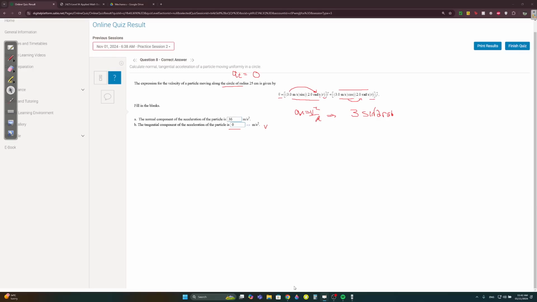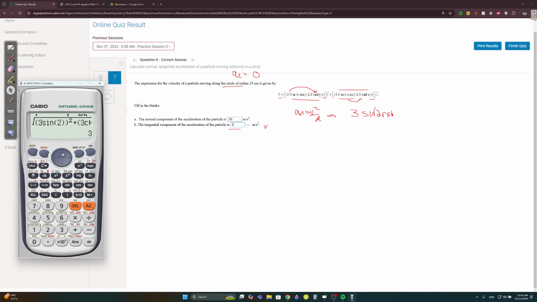How do you do it on the calculator? 3 sine 2 rad i, that's my i component. And the j component is gonna be 3 cosine 2 rad j. We want to find the velocity, right? V squared over r. This is v.